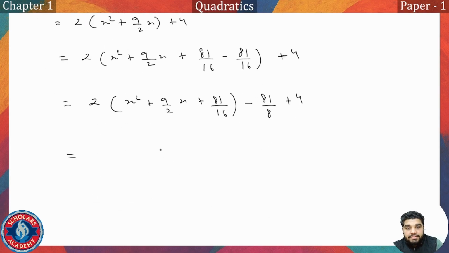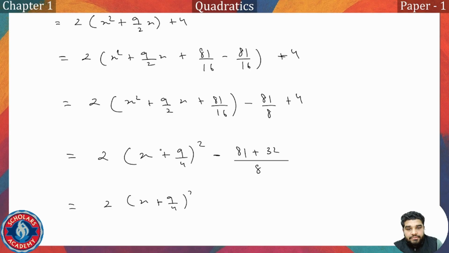So from here what I get is 2 times (x plus 9 by 4) whole square, and we get negative 81 plus 32 by 8. So from here we get 2(x plus 9 by 4) whole square, and this gives us negative 49 by 8.